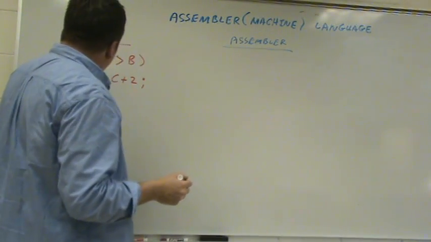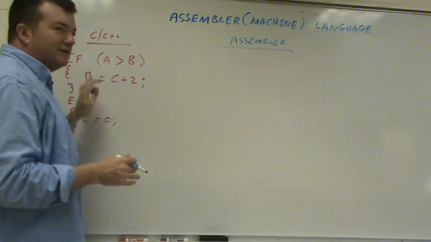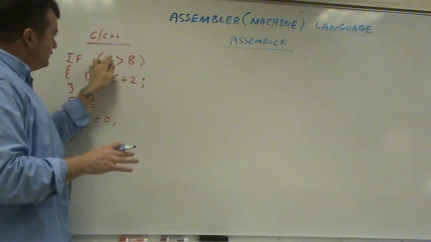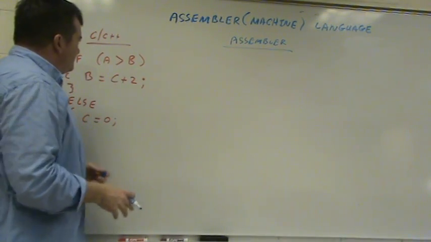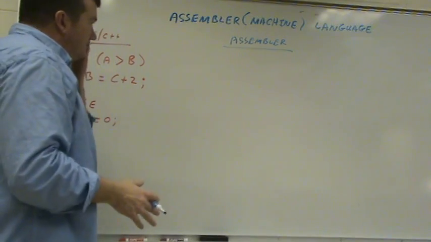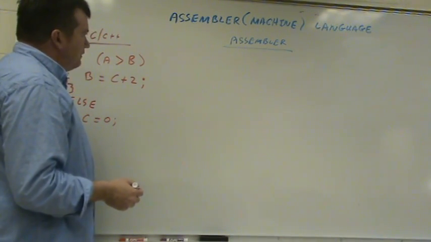So how can we implement an if A is greater than B? All if statements in all your programming courses eventually resolve to a true or a false, right? You could have a big clumsy statement, but eventually it's either at the end true or false. So how can we check, is A greater than B?